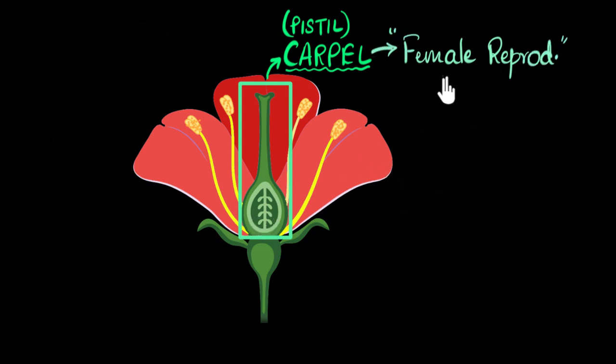Because it is the carpel that is responsible for the production of egg cells. Carpels make egg cells somewhere over here. And just like in animals, where the female reproductive part makes the egg cells, any reproductive part which makes the egg cells is often called the female reproductive part.